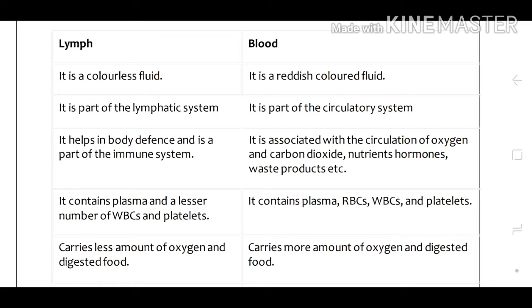Lymph contains plasma and a lesser number of WBCs and platelets. Blood contains plasma, RBCs, WBCs and platelets. Lymph carries less amount of oxygen and digested food. Blood carries more oxygen and digested food.